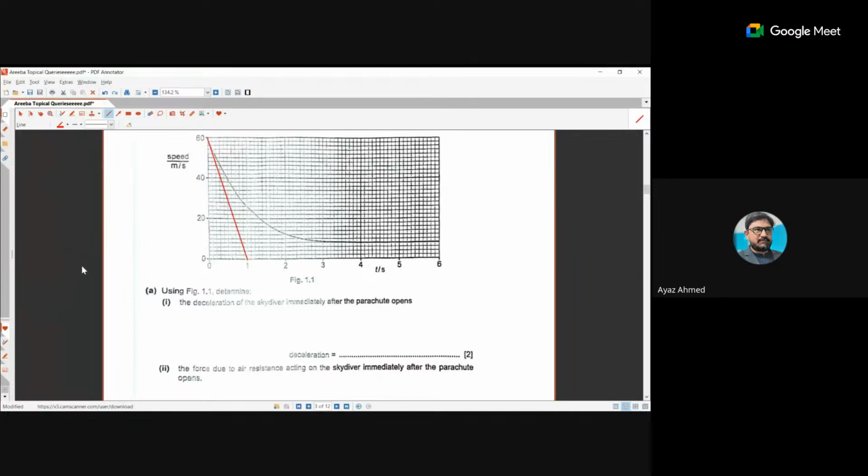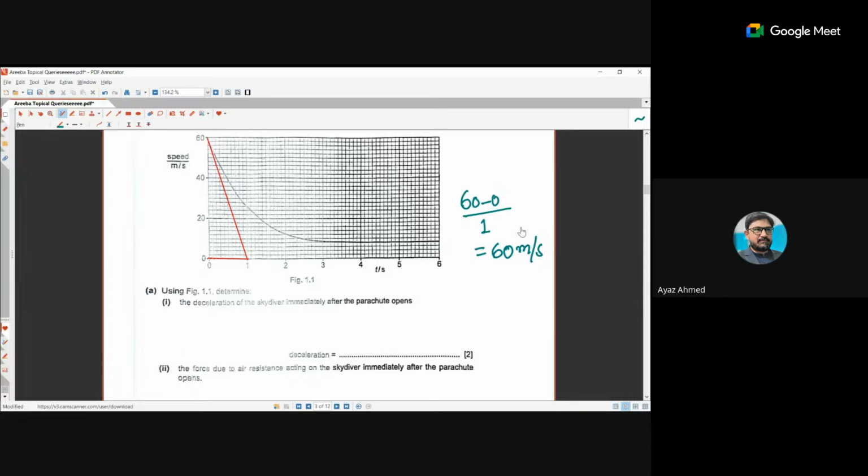Okay, did you see? Initially, when you have just drawn it, just take the gradient of this one. Once you take the gradient, it is 60 minus 0 divided by 1, so the answer would be 60 meters per second squared.